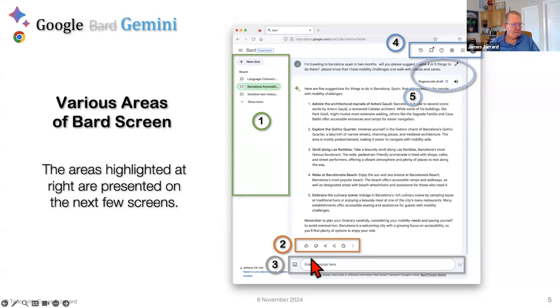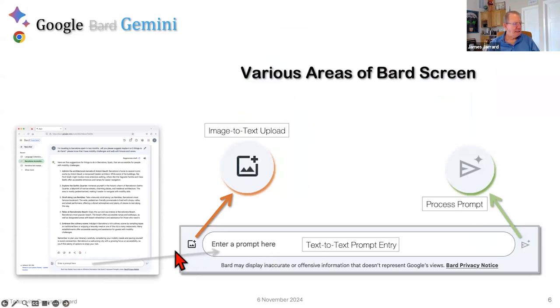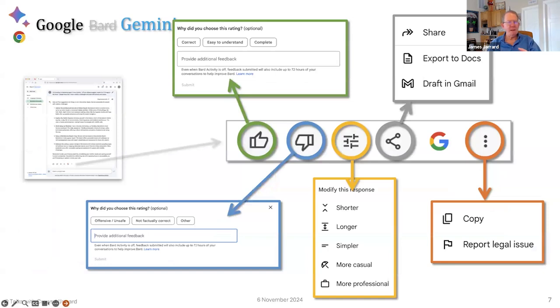Share. Here's the prompt area. Again, there's the ability to upload an image, process it. You can put an image and say, what's this image? You know, our archaeologists use this to interpret papyrus from the Egyptian tomb.